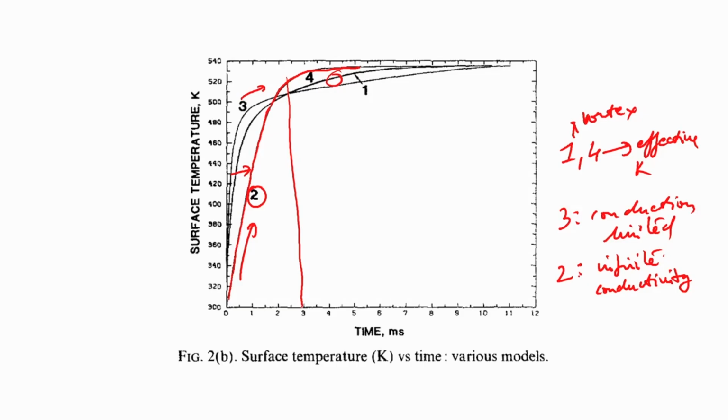Whereas on the other hand 3, which is the conduction limited model, goes to that surface temperature at a much smaller time. This is also obvious, think about it, because the entire droplet is now at the same temperature, but the heat that you are supplying is still the same. It is still Ts minus T infinity from the gas phase, whatever is conducted into the liquid.